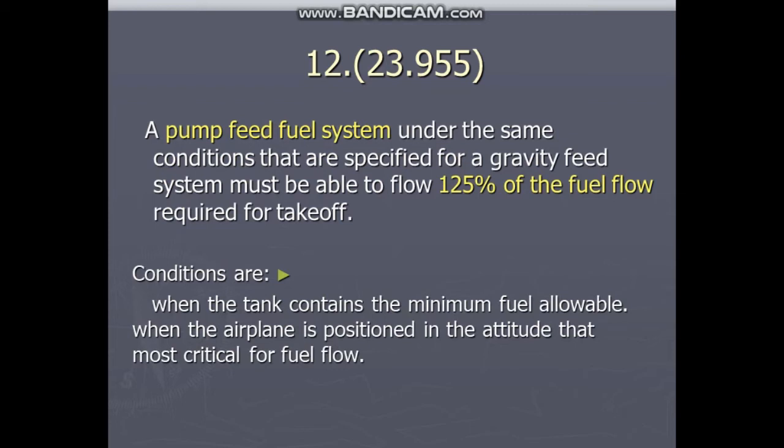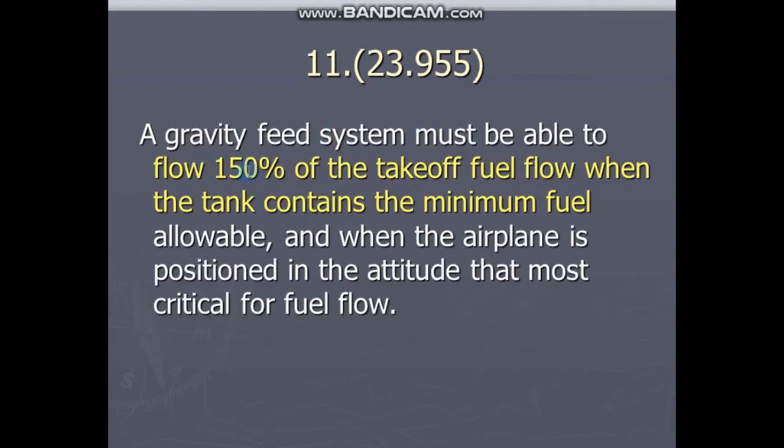Conditions are when the tank contains the minimum fuel allowable, when the airplane is positioned at the attitude that is most critical for fuel flow. You have to take care. Here we talk about pump feed and the percentage is 125, but in the previous one we were talking about the gravity feed and it was 150.